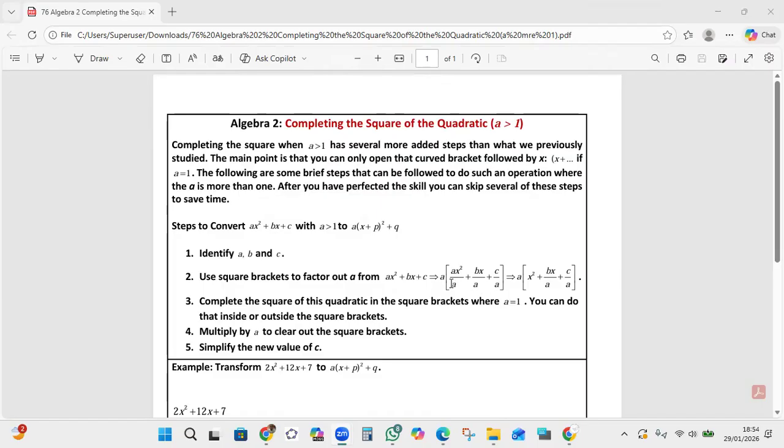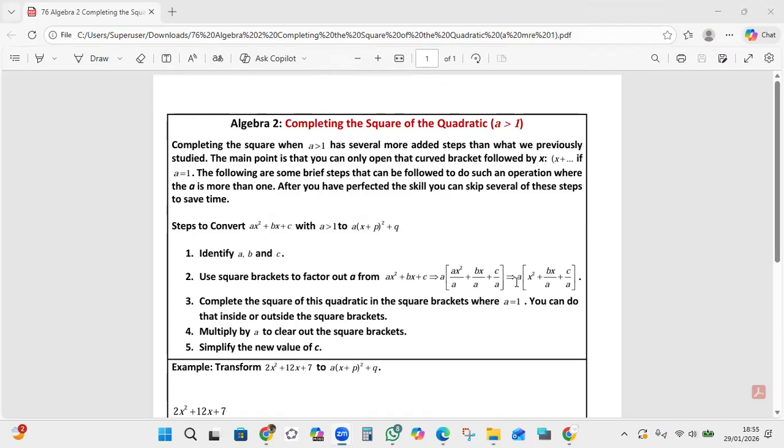So please bear that in mind. You open a bracket, you put a outside that square bracket, and then you put ax squared over a plus bx over a plus c over a, and you close that square bracket. So that's how you factor out a.